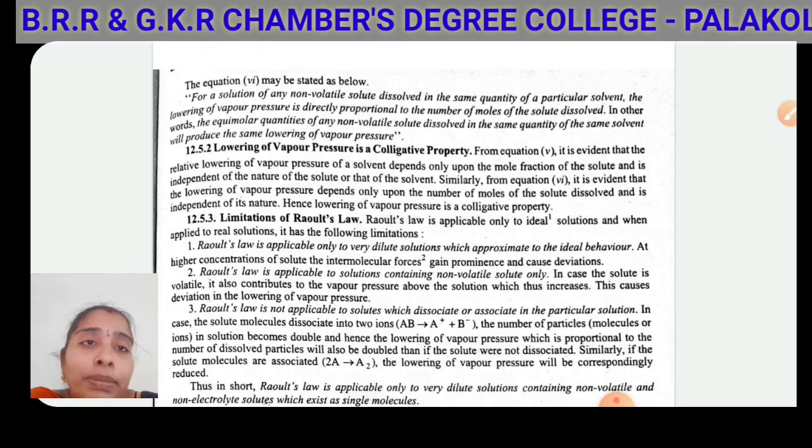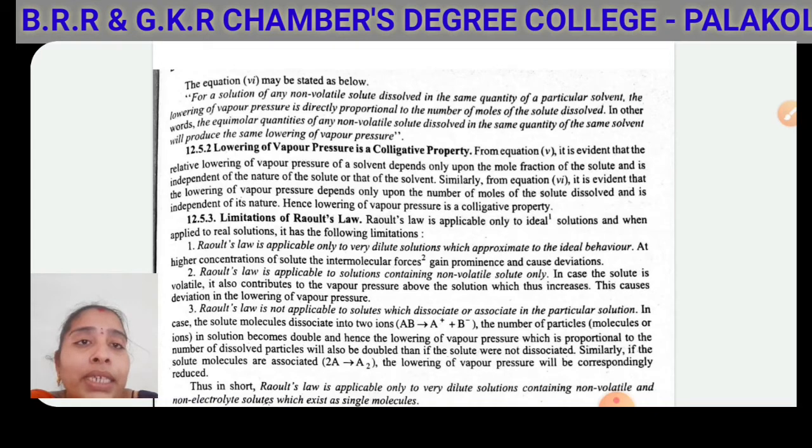So this limitation means the solution must contain non-volatile solutes only. Non-volatile solute means not vaporized.